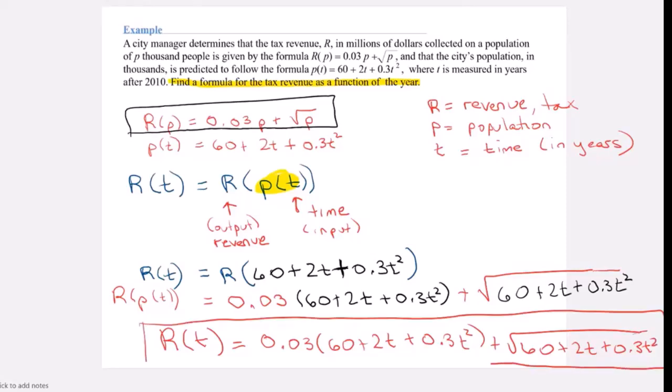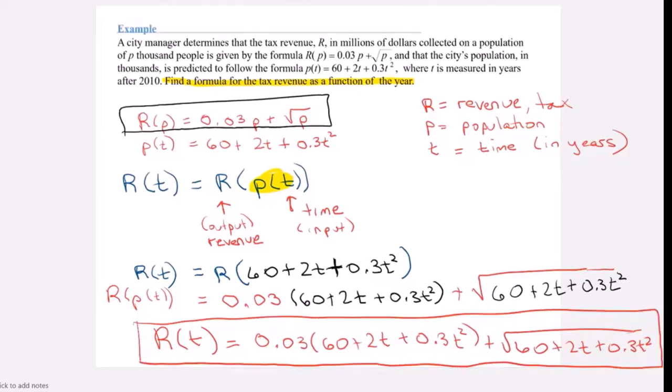Here, the domain actually is all real numbers because no matter what I put in to this square root, I have 60. Well, t is going to be a positive number. I don't want to talk about what happened previously. I want to know what's going to happen as time comes.